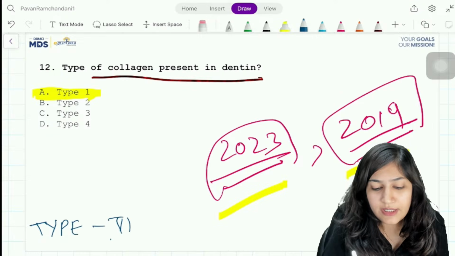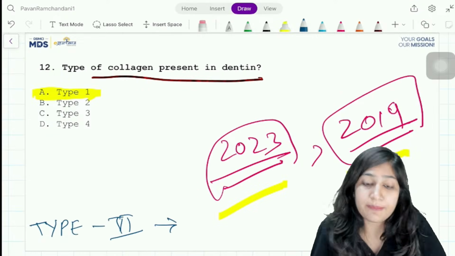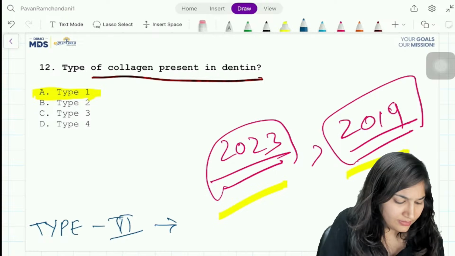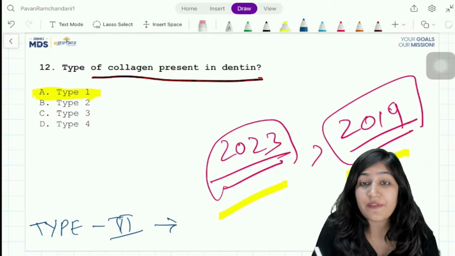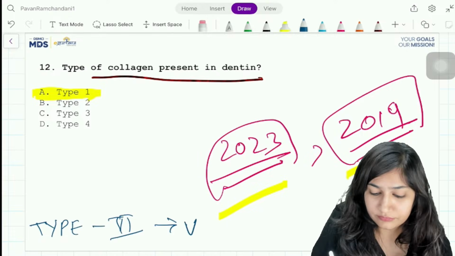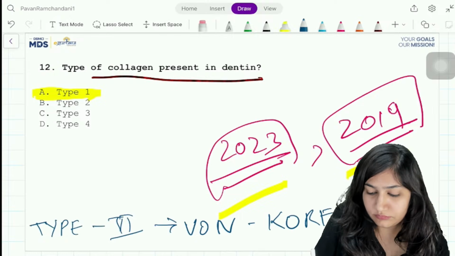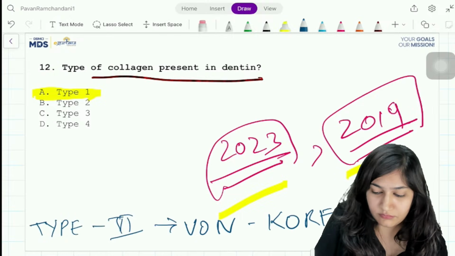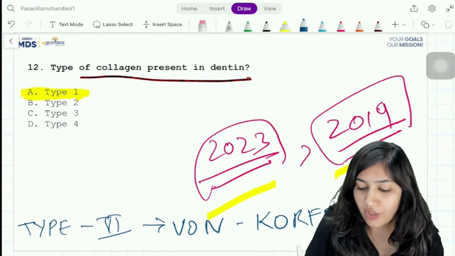Type 3 collagen is mainly present in mantle dentin. Yes, Bhumika, good. They are von Korff fibers. Yes, HSD, Anurag, good. Von Korff fibers.